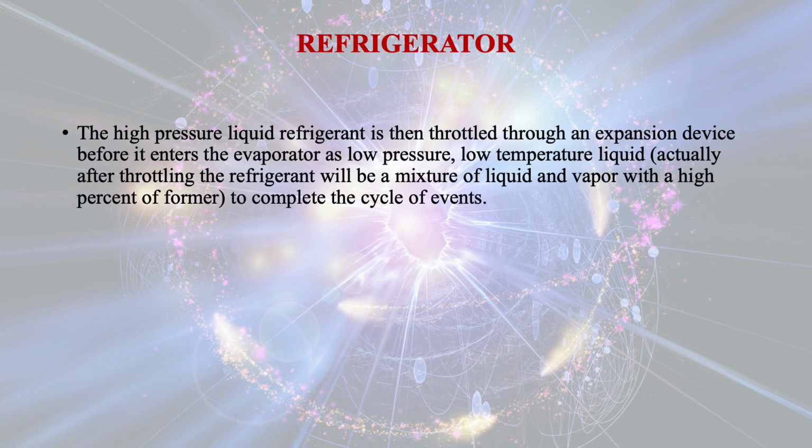The high pressure liquid refrigerant is then throttled through an expansion device before it enters the evaporator as low pressure, low temperature liquid. Actually, after throttling, the refrigerant will be a mixture of liquid and vapor with a high percentage of the former.